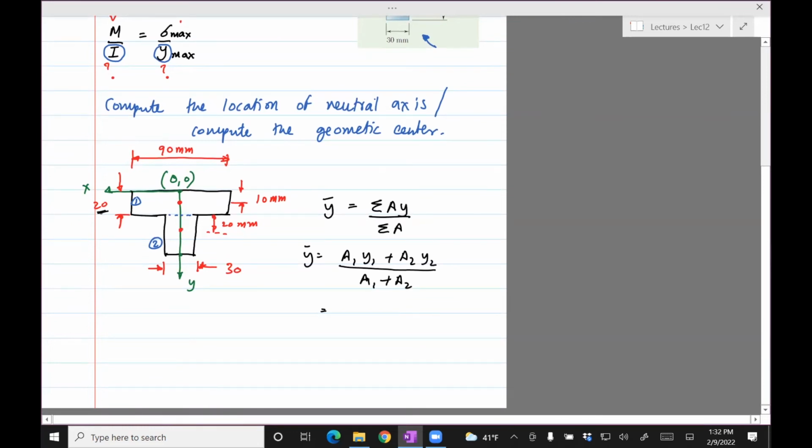It's going to be 20 times 90. And then we need to find the distance of the centroid from the origin we chose. That would be this point. It's 10 mm from the origin. So 10.